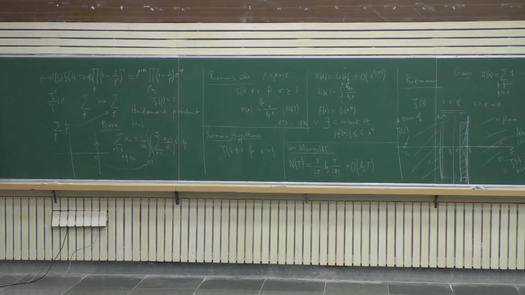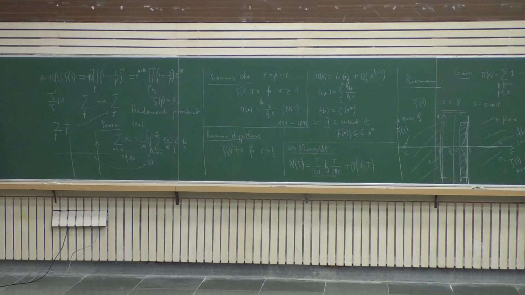Some log. This is not that significant. What is significant over here is this. So you get less and less zeros as you go towards the edge of the critical strip. So that's why it's called the zero density.